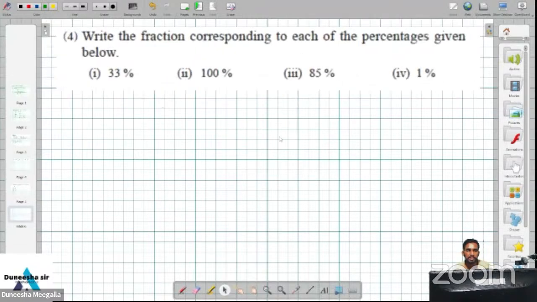Write the fraction corresponding to each of the percentages given below. Can you do it? Write those as percentages. Completed, sir.